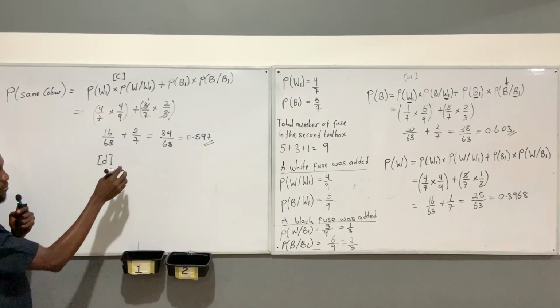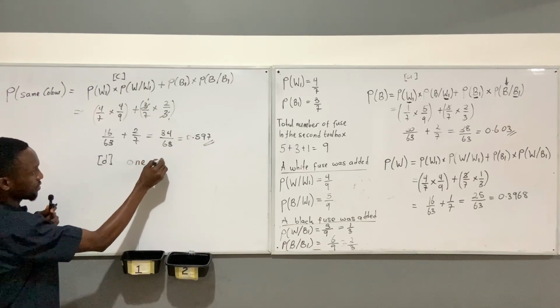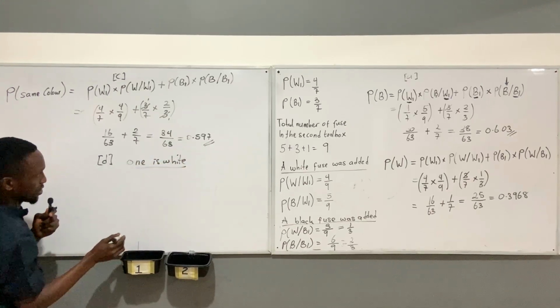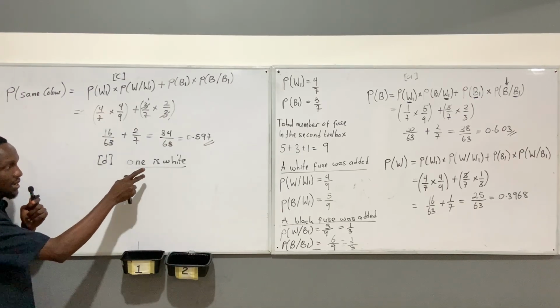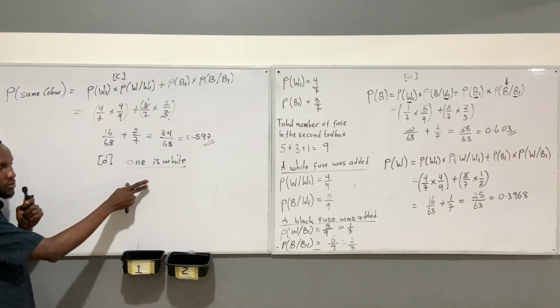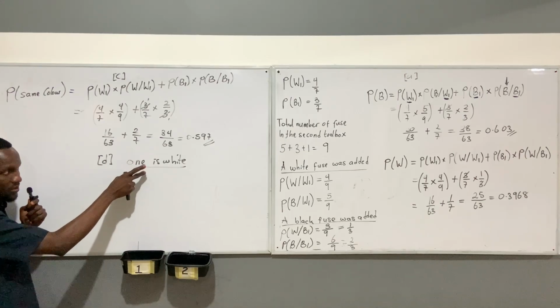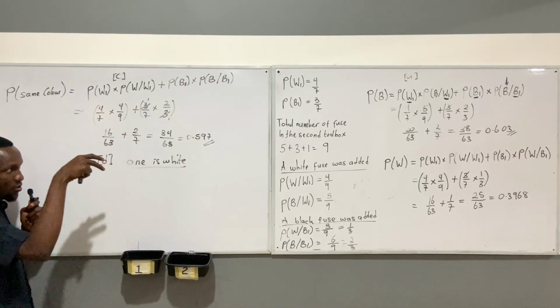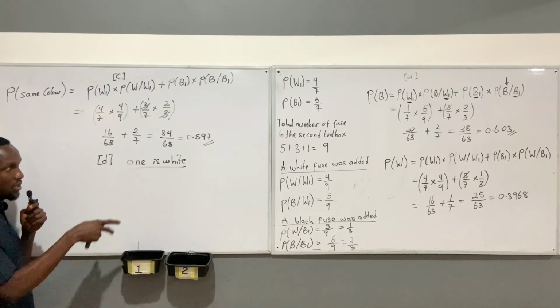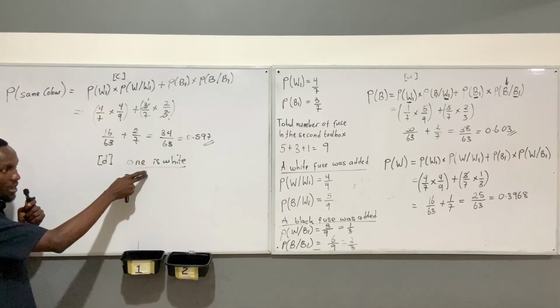Let's move on to D. The D says we should find the probability of 1 is white. I cleaned that question. Now, I don't know if there is an error with this question, so I couldn't really analyze it. If any of you is able to do this, please drop it in the comment box for me so that I can make inquiries too.